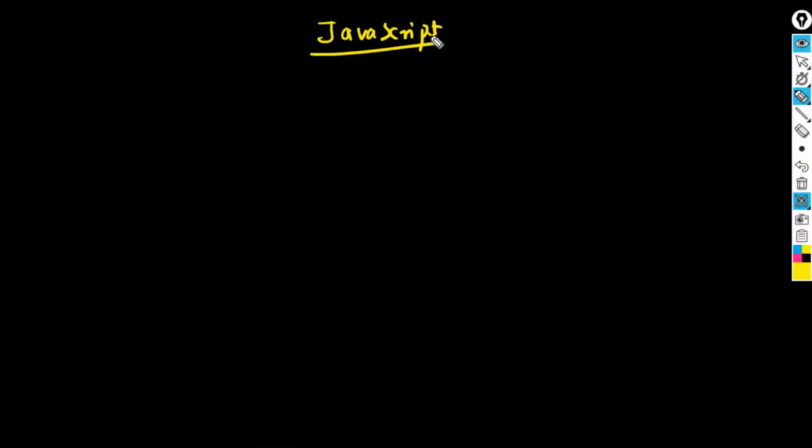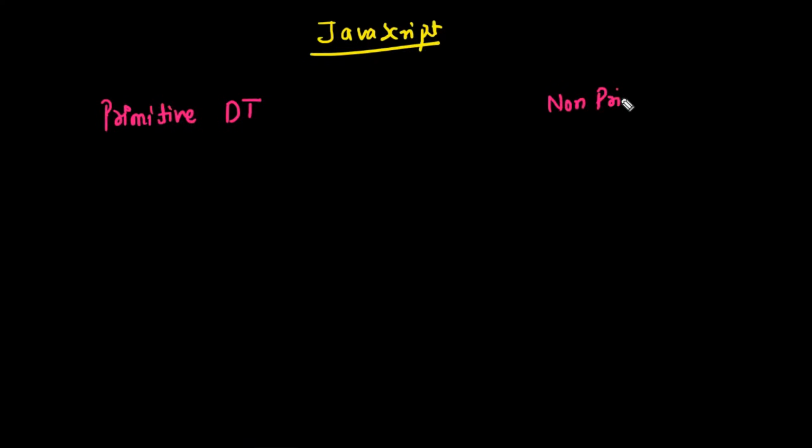In JavaScript, we have two types of data types. One is called primitive data type. DT means data type. The other one is called non-primitive data type.